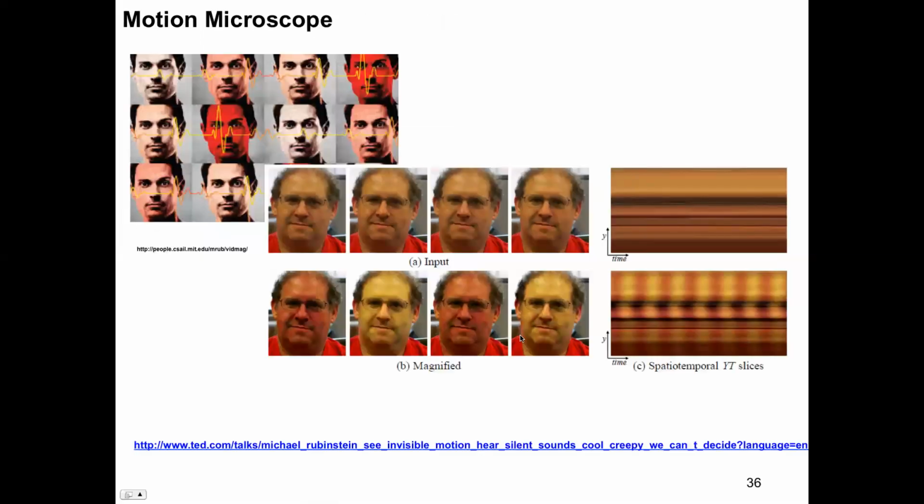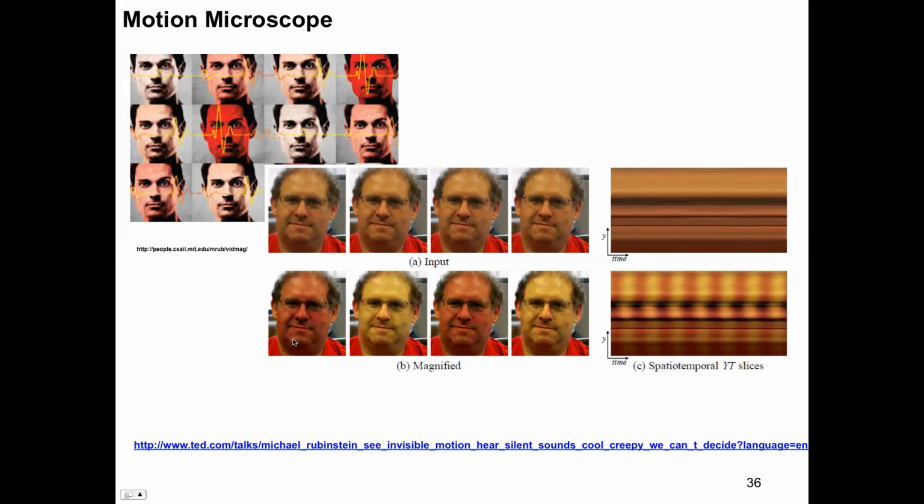The other kind of new imaging would be something like motion microscopy, a motion microscope. It looks at the flow of blood through the patient's face by looking at the motion of the skin. To you and me, when we just look at that, we won't be able to tell.